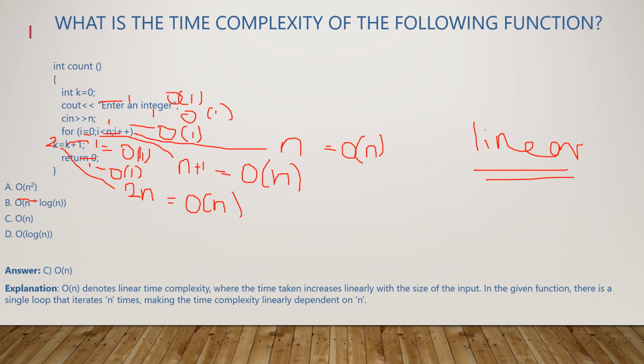The option D is O(log n). This is a logarithmic time complexity, especially used for binary search operations. This is also incorrect.